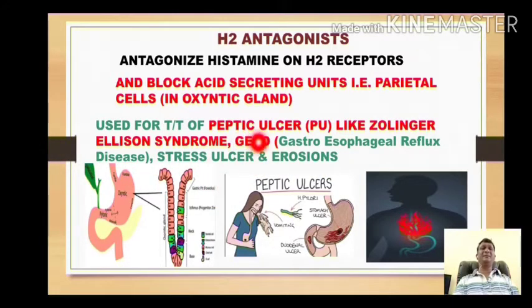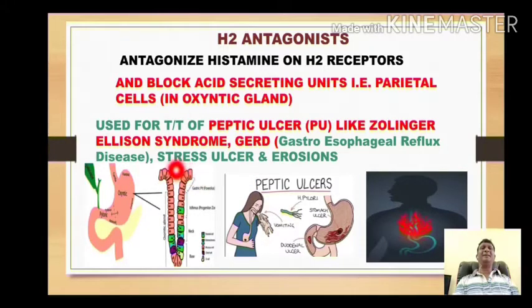And due to this, there is an urgent need of drugs which can revert the action of acid production. So it is found that the H2 antagonists are useful for treatment of such ulcerative conditions like peptic ulcer, Zollinger-Ellison syndrome, gastroesophageal reflux disease, which is shown in this picture.